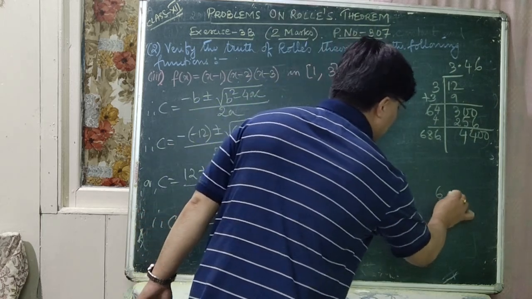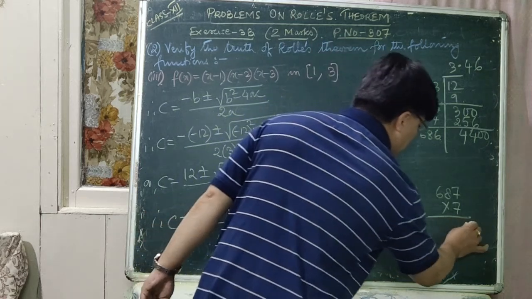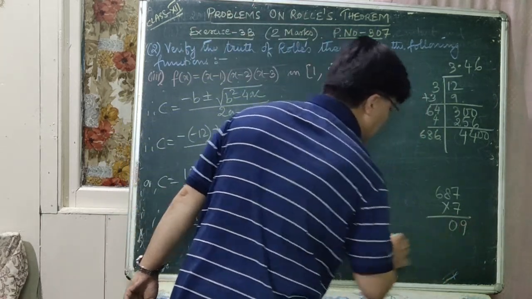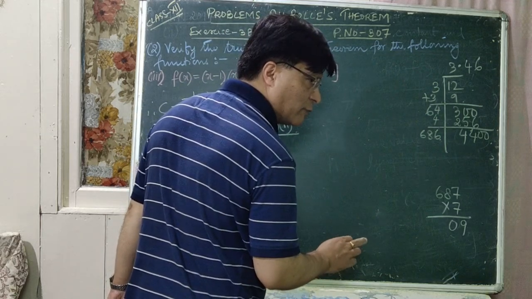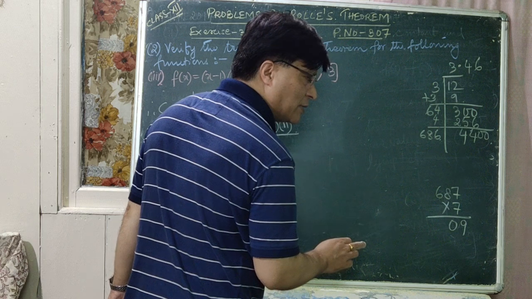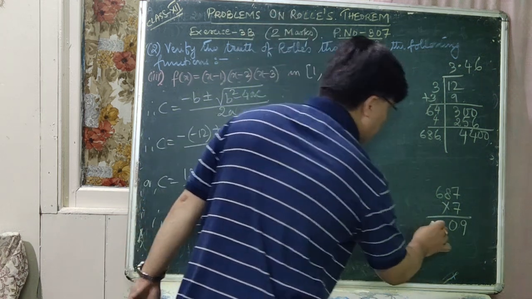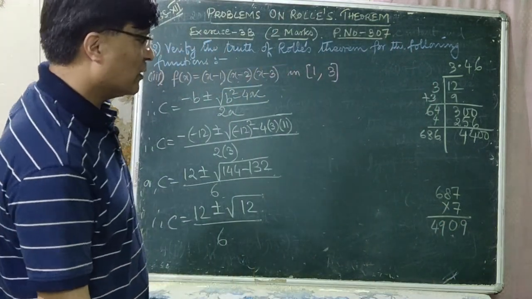If you write 7, 7 7s are 49, 8 7s are 56 plus 4 is 60, 7 7s are 49, 8 7s are 56 plus 4 is 60, 7 6 are 42 plus 7 is 49, isn't it? It is more than 4400, right?